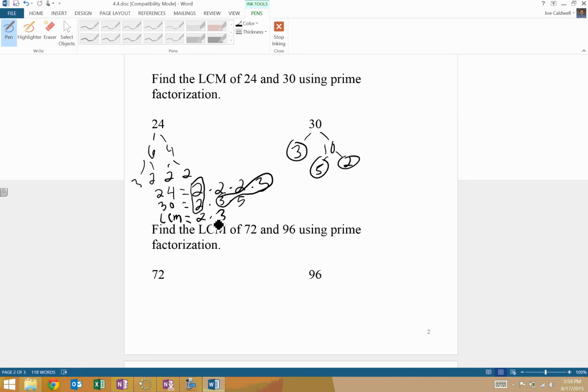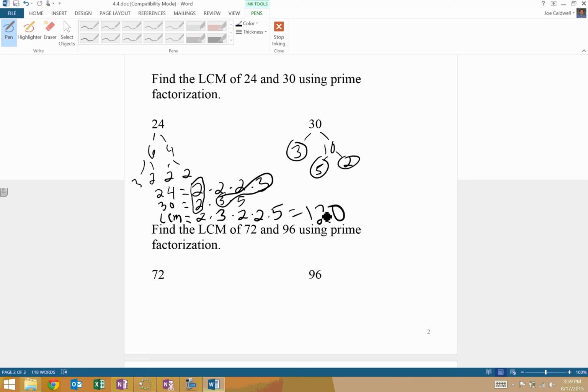So after you circle the common ones and write down only one from each bubble, notice we wrote down one from the 2's, one from this pair of 3's, then you write down everything that's not circled, which would be the 2, 2's and the 5's. Then you multiply that together. So 2 times 3 is 6, times 2 is 12, times 10, and it would be 120, the first multiple that these both could go into.